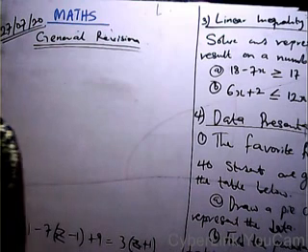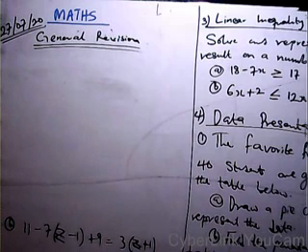Let's just simplify x minus 2 over 2. Where's the marker, please? Okay.